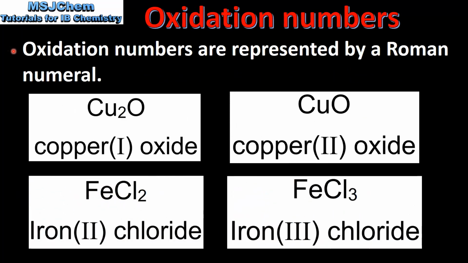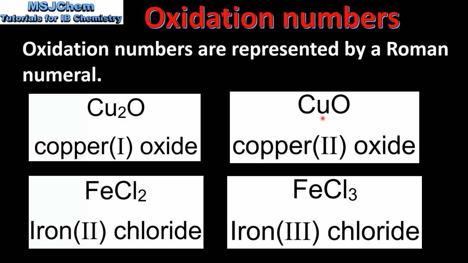Next we look at oxidation numbers. Oxidation numbers are represented by a Roman numeral. The terms oxidation number and oxidation state are sometimes used interchangeably. So here we have some examples. Cu2O is copper(I) oxide. The 1 in brackets tells us the oxidation number of the copper, which is +1.